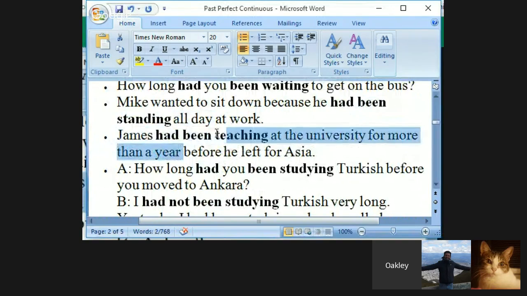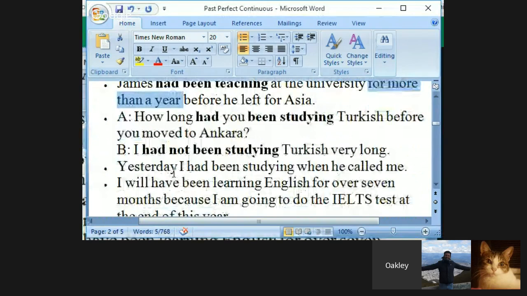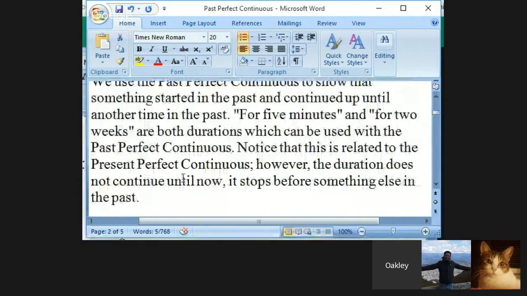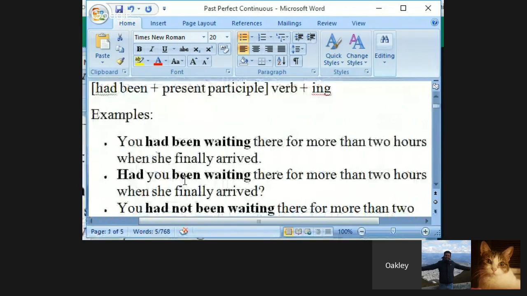You don't have to use past perfect continuous; you can avoid it. But the whole reason you use it is to point to the idea that there's been a long duration of time.